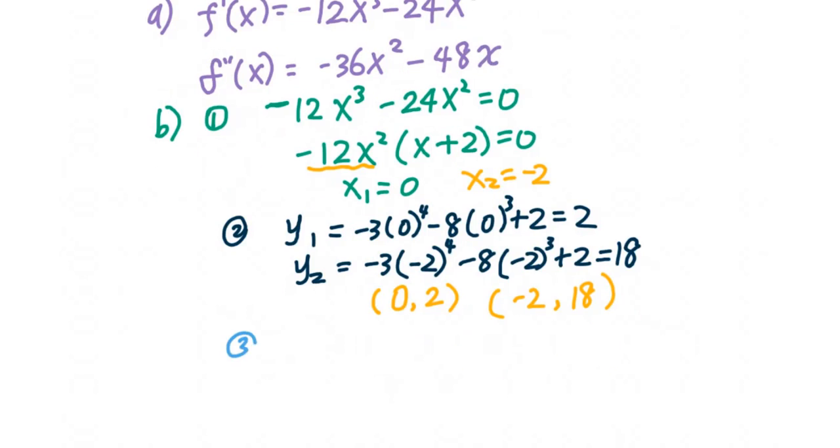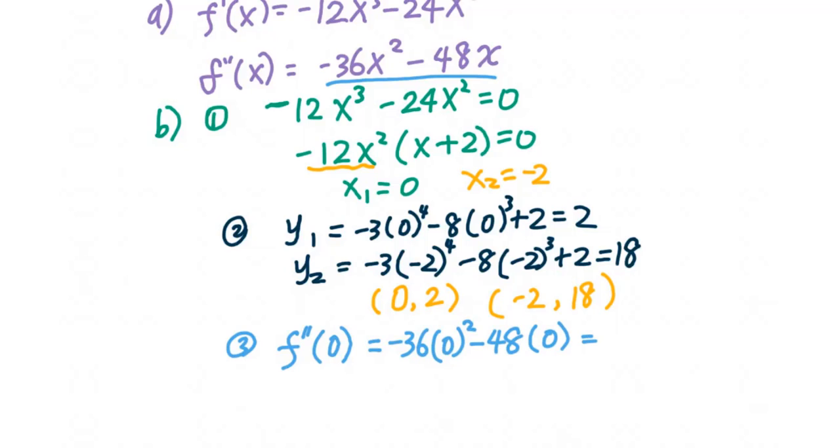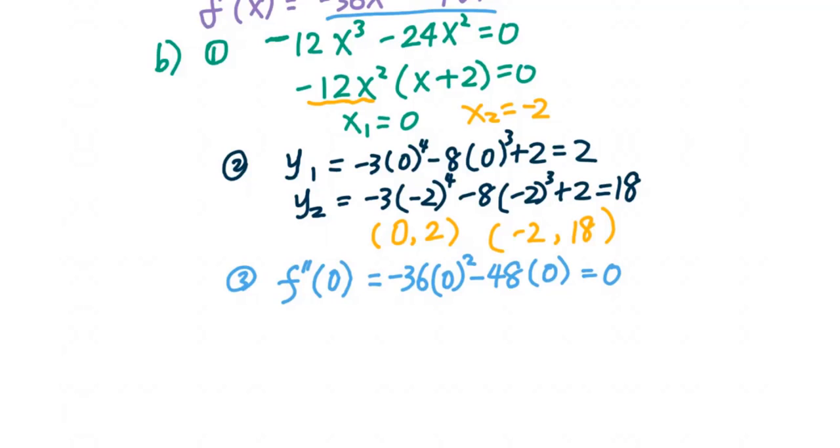Then third step, you will work out the second derivative at 0. We plug in here, you will get negative 36 times 0 squared minus 48 times 0. You will get 0. Since the first derivative is 0 and the second derivative is 0, you need to check for a point of inflection.